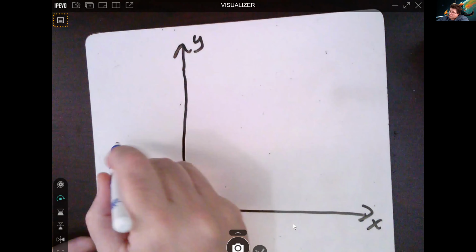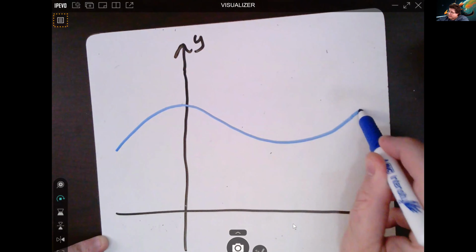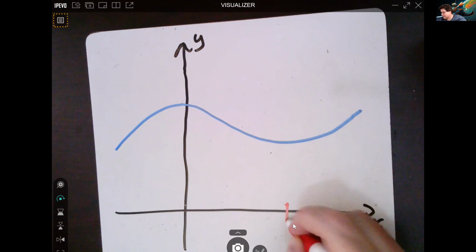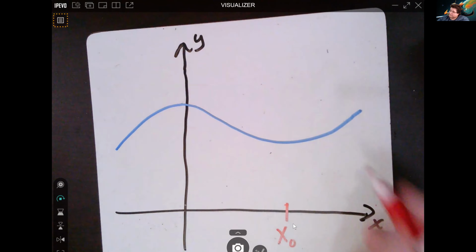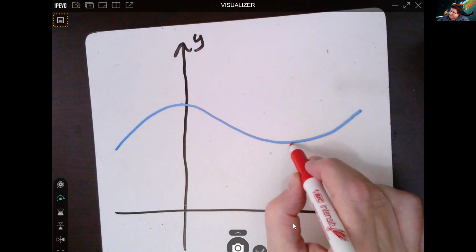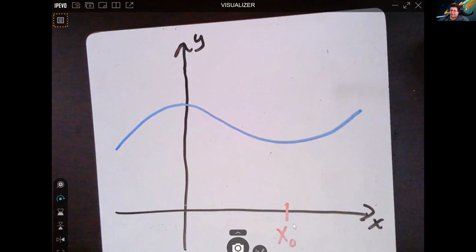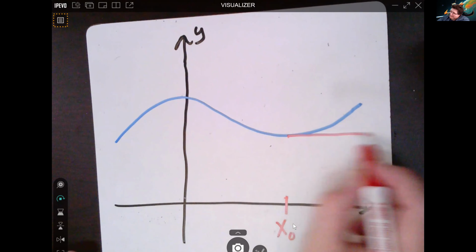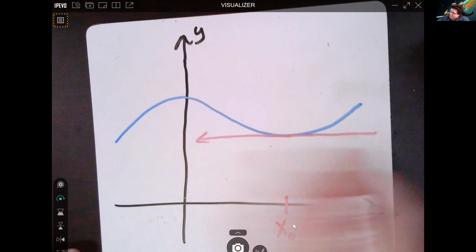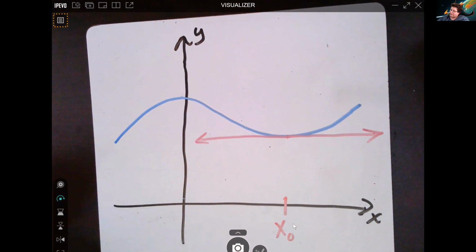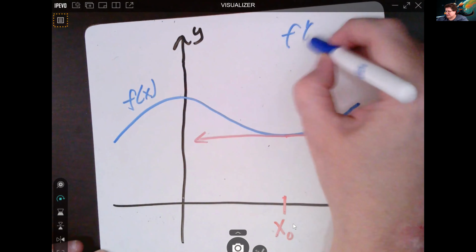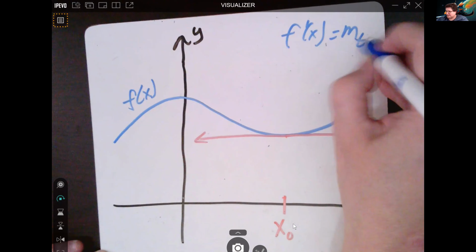So if we had some curve like this, and I wanted to find the tangent line at, say, x naught right here, we would take the derivative and find the value right there. The derivative, f prime of x, gives us the slope of that tangent line, m tangent.